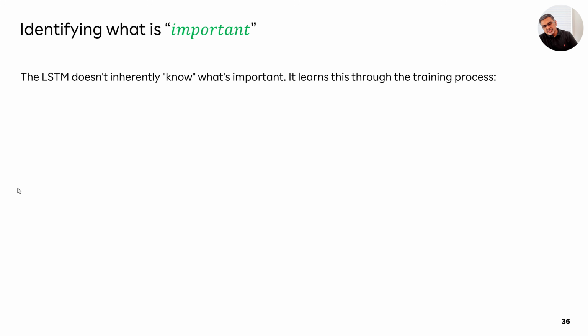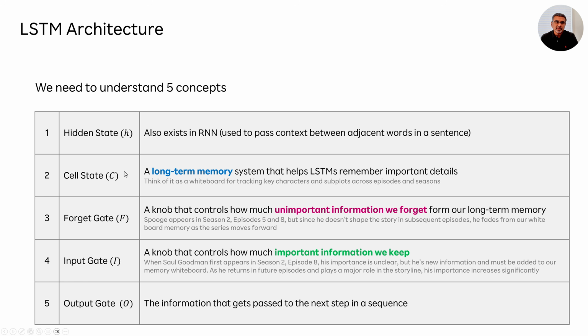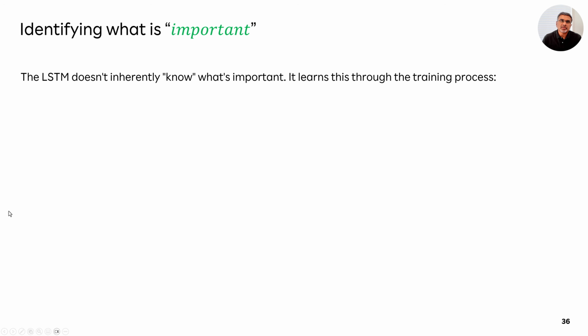So, the first thing we need to address here is how does an LSTM actually know what is important? Because we are saying that the long-term memory keeps important information, and the gates essentially modulate how much of that so-called important information gets added or removed. So how does an LSTM even know what is actually important?